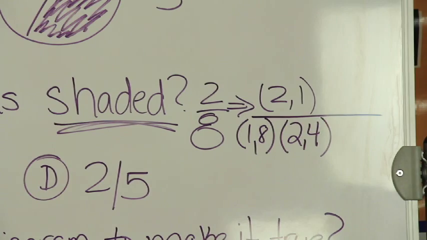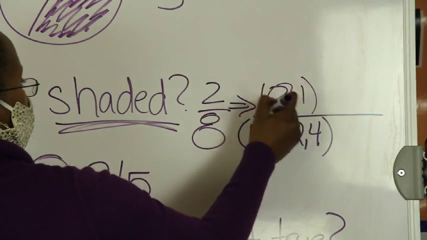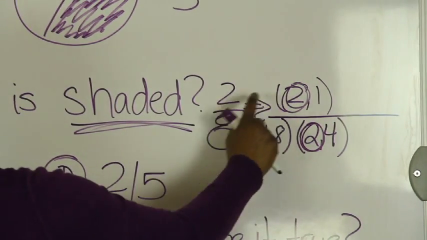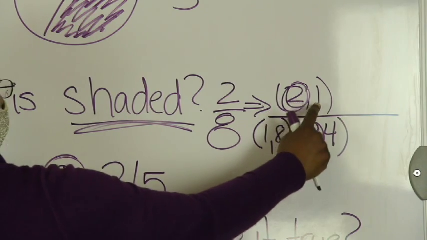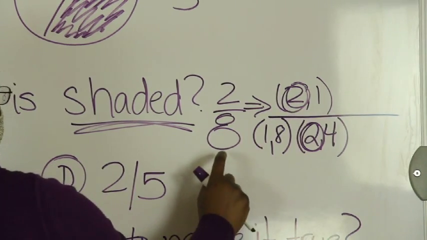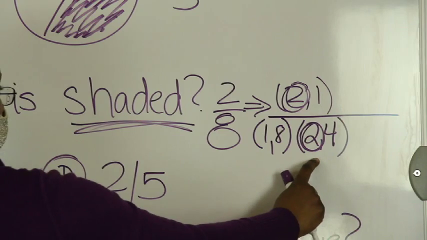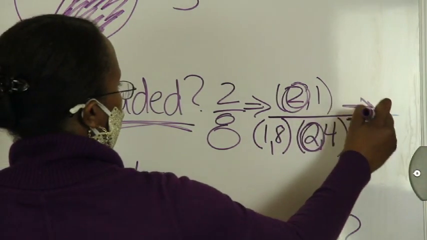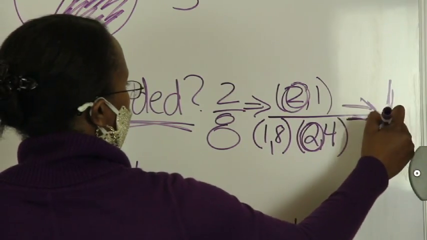Do you see any factors that are the same? We see 2. So if we divide this 2 by 2, we'll have that 1. And if we divide the 8 by 2, we'll have the 4. So I'm just going to take it on out here and make it 1/4.